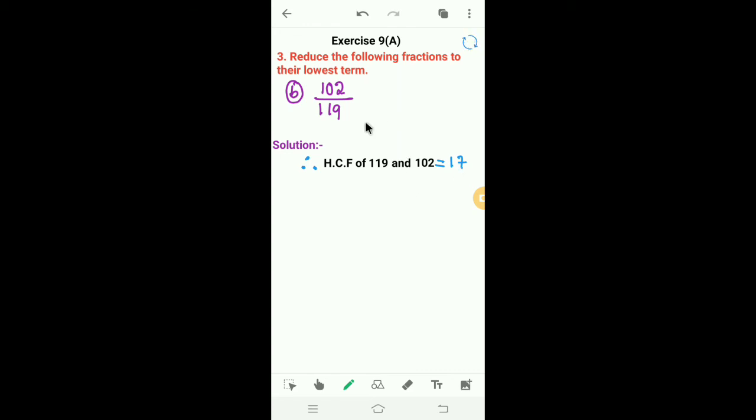Now divide the numerator and denominator by HCF 17, that is 102 by 17. When we divide 102 by 17, then the answer is 6, and 119 by 17.